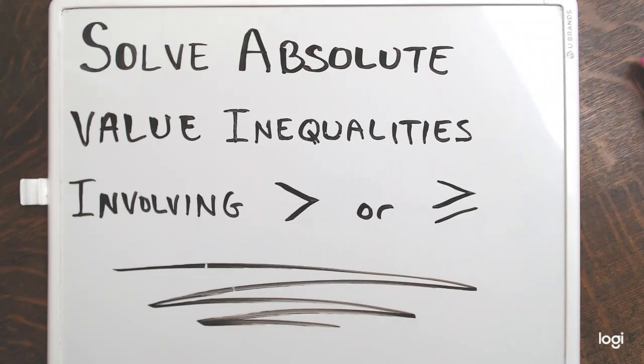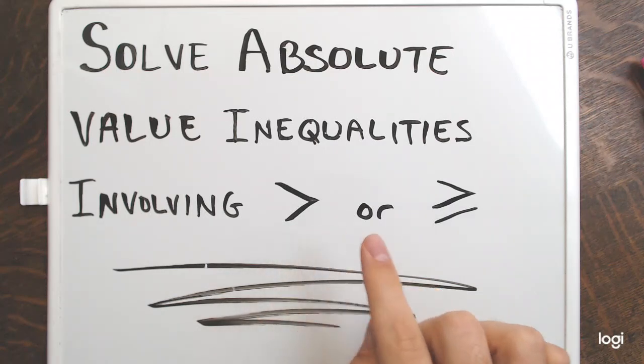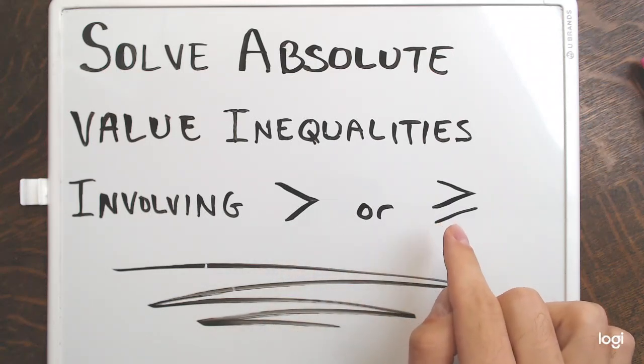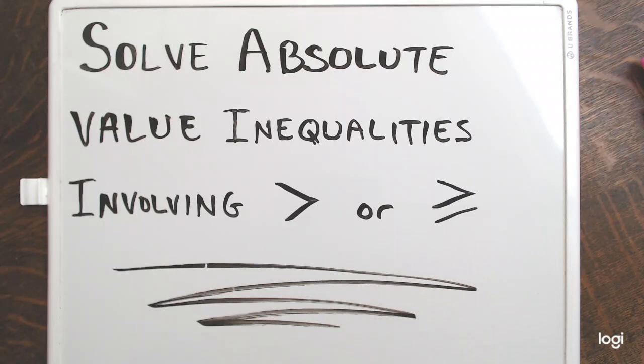In this video I have several examples of inequalities of this nature where we're going to eventually get down to having the absolute value of a single linear expression on the left side, and then is greater than or the is greater than or equal to symbol, and then some real number on the other side, and going through the process of solving, figuring out what numbers I can replace the variable with to make a true statement.